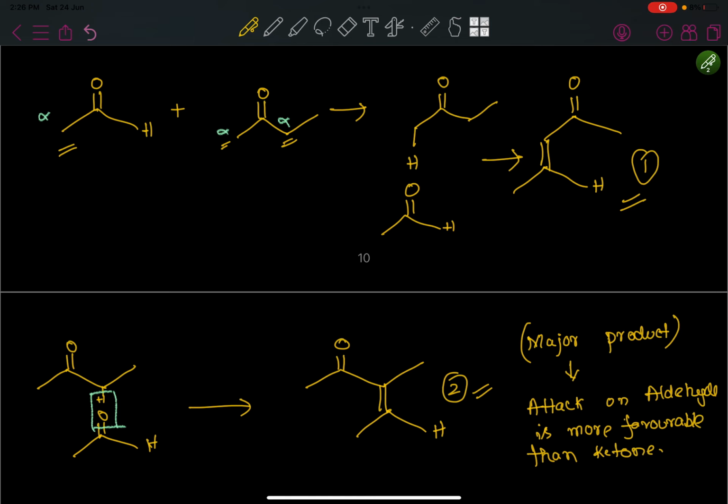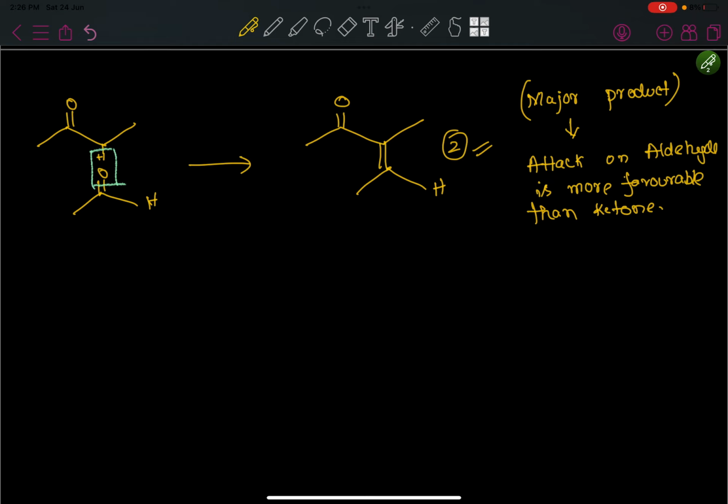Why is it so? Because aldehydes are sterically less hindered, right? For example, we have taken this and I have taken acetone. So this will be highly reactive. Aldehydes will be highly reactive.